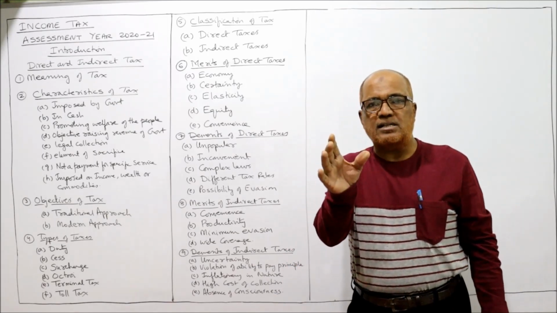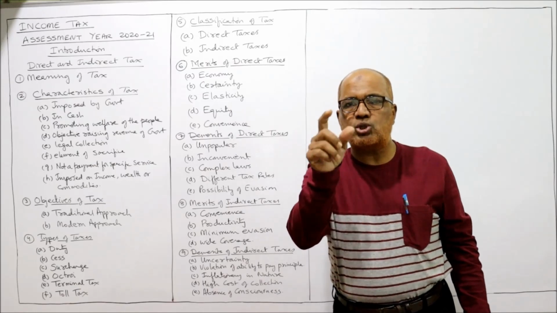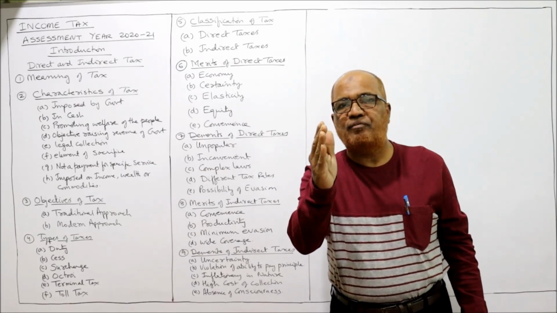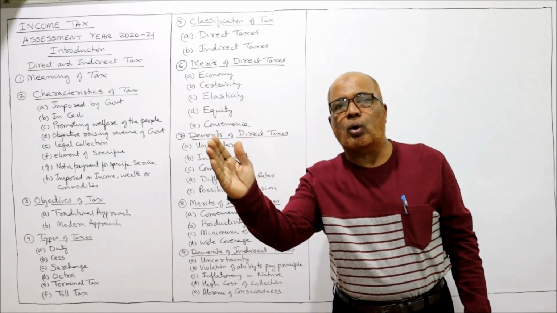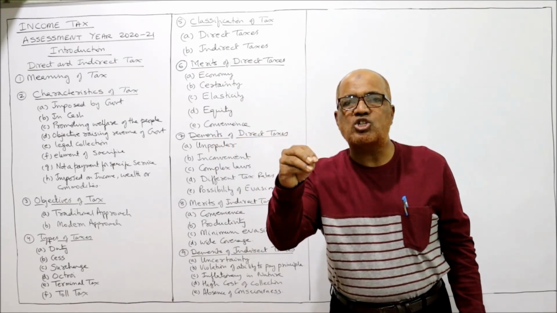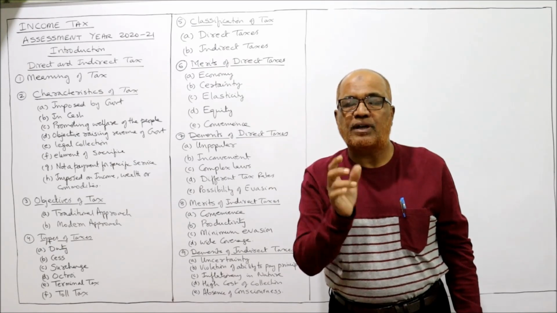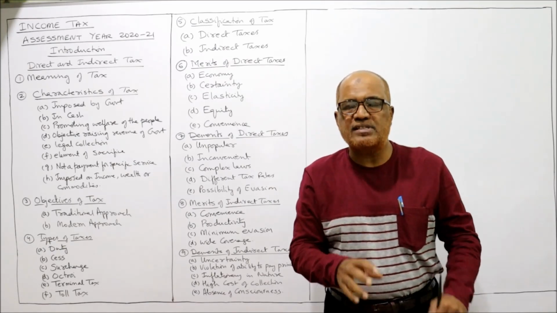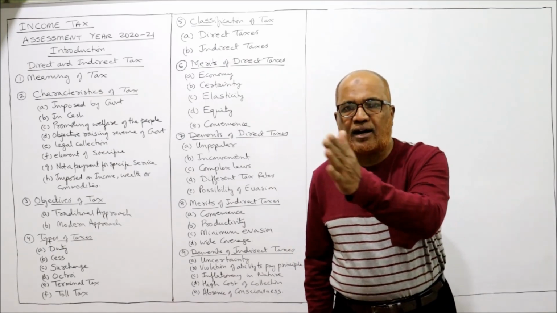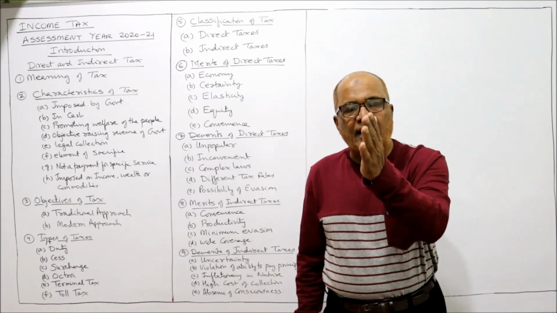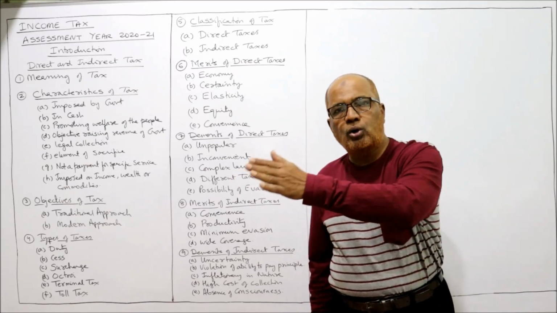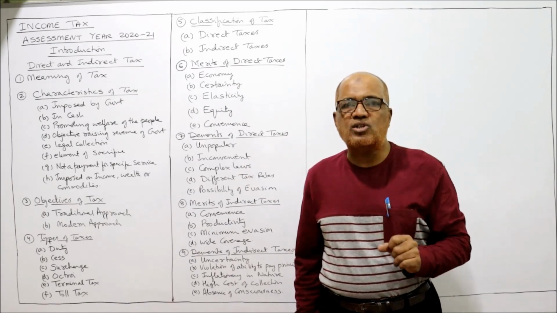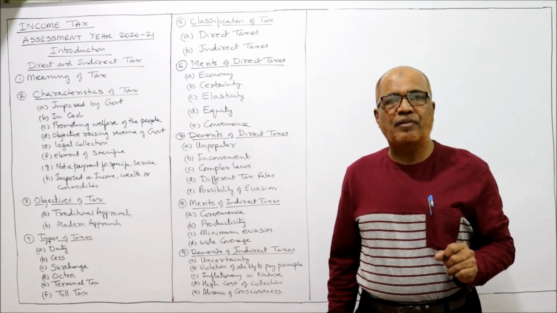Example, if an individual's total income exceeds 50 lakh and is up to 1 crore, he is liable to pay surcharge at 10% of tax. 10% surcharge, if his income is from 50 lakh to 1 crore. If the income exceeds 1 crore, up to 2 crore, the surcharge rate will be 15%.